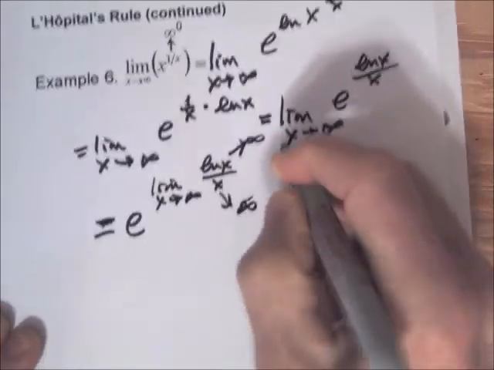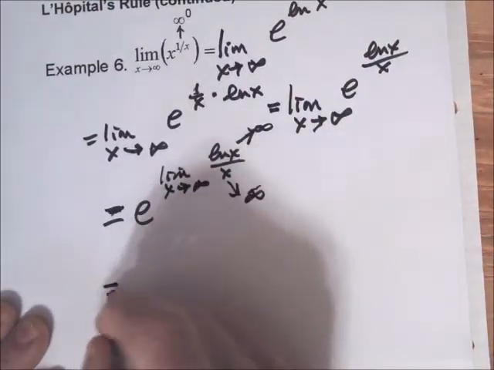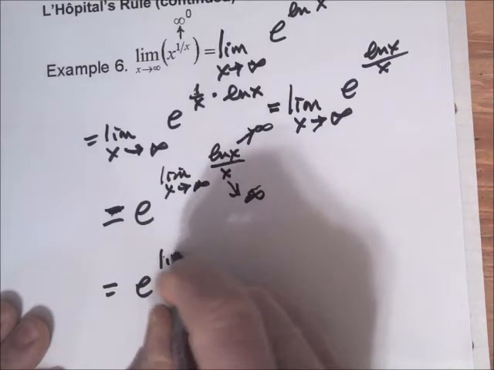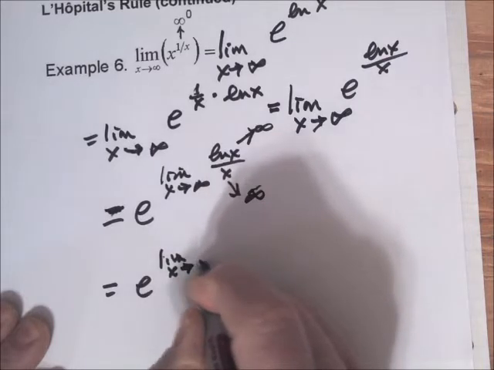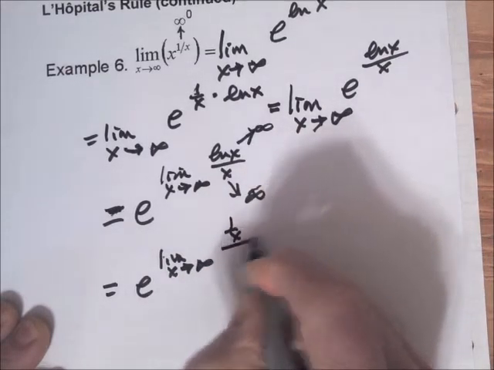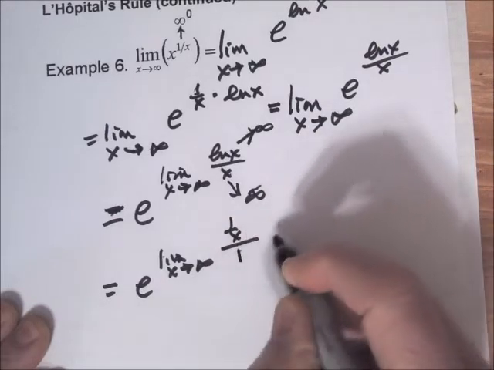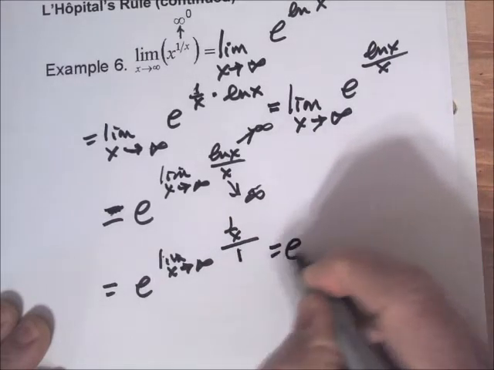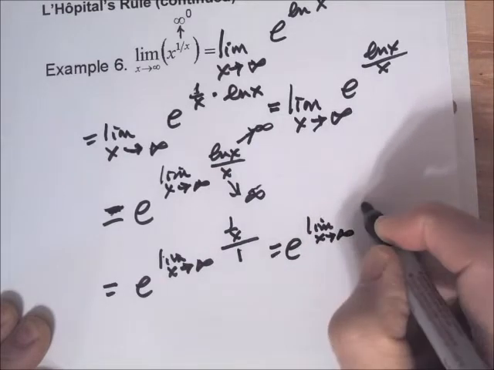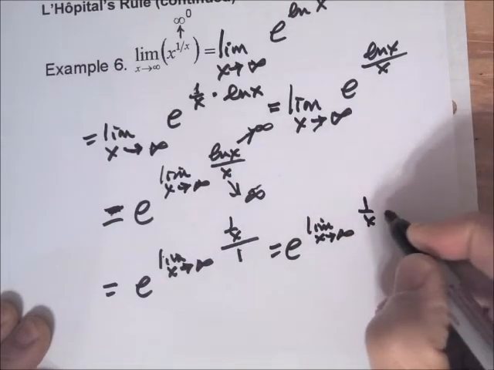So we can apply L'Hopital and take the derivative: e to the limit as x goes to infinity. The derivative of ln x is 1 over x, and the derivative of x is 1. So this is e to the limit as x goes to infinity of 1 over x, and this goes to 0.